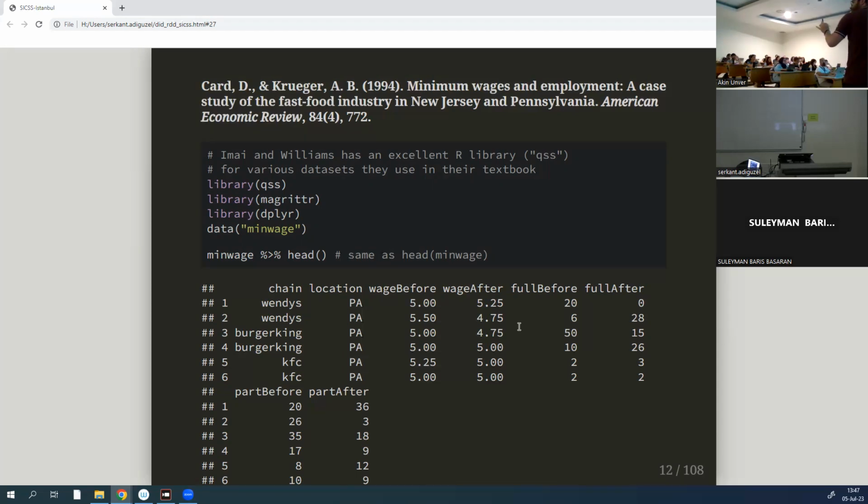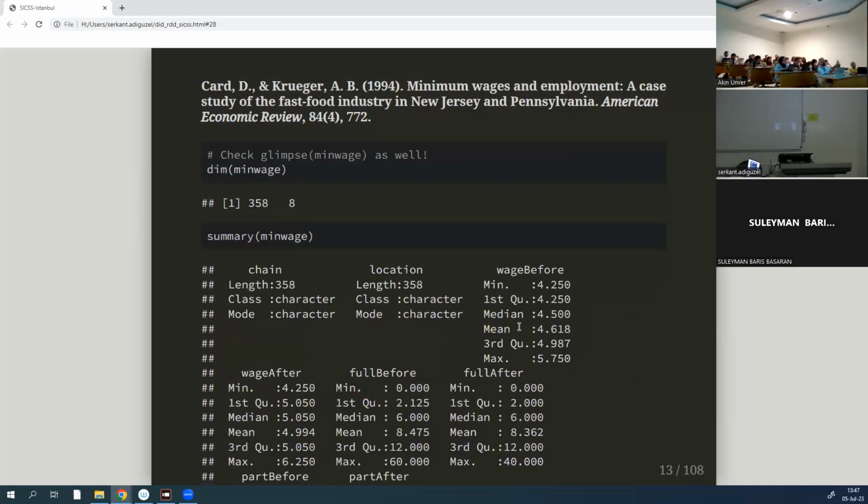Does everyone now have it? Once you load the data, do these usual checks. Any question? Yes.